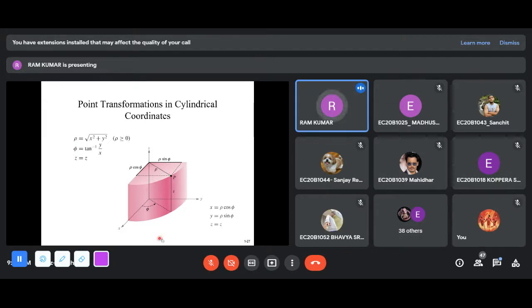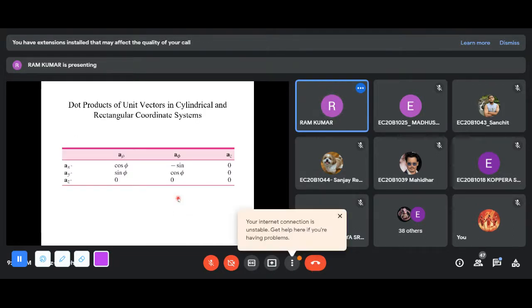Similarly, phi is the angle, tan inverse of y by x. Similarly, x is rho cos phi. Y is rho sin phi. And z equals z. Now you just remember the formula and you should use this formula.